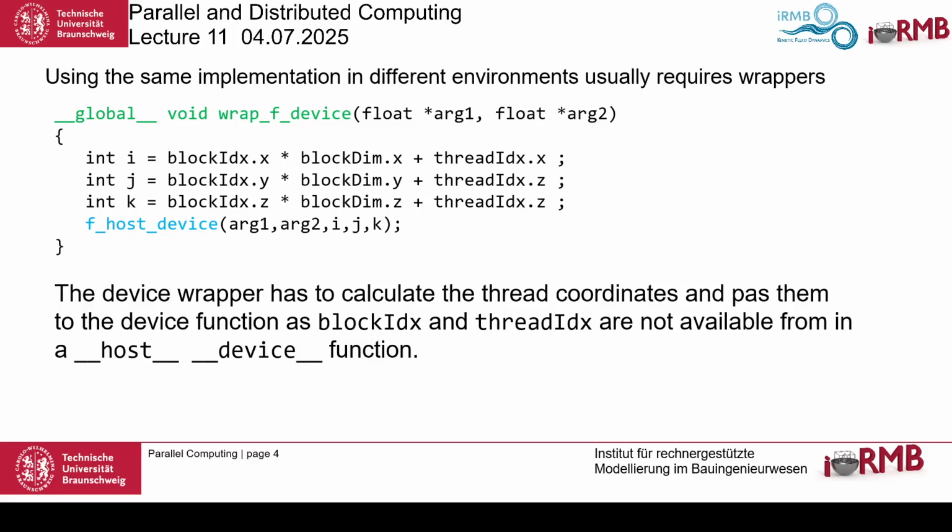Usually in another context you would loop over things, but here you get these, and now you get your coordinates out of these thread indices, and you hand them together with your other arguments to the device function that you wanted to wrap.